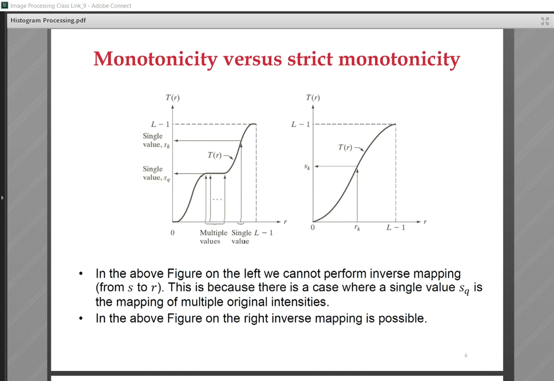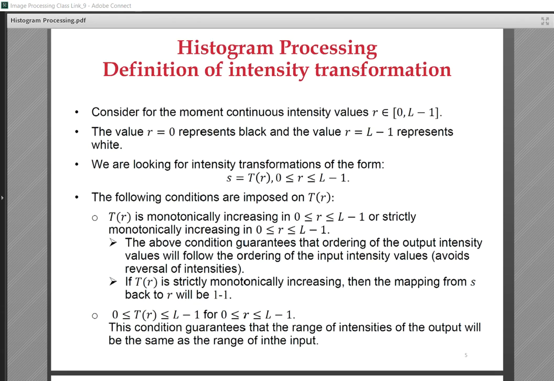But this is strictly increasing. This is only increasing, not strictly.